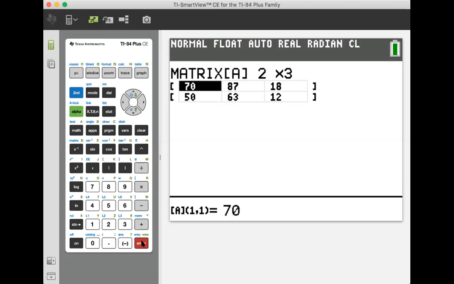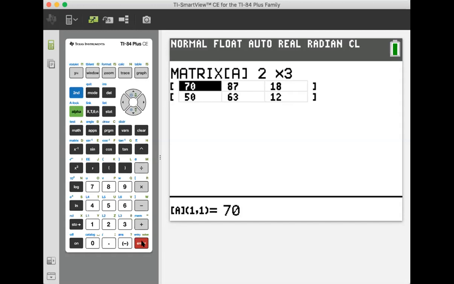You need to remember where to go to get to matrices. Second, x minus 1 key. Then you're going to enter the number of rows, hit the enter key, number of columns, hit the enter key. The first number in the first row, enter. Second number in the first row, enter.